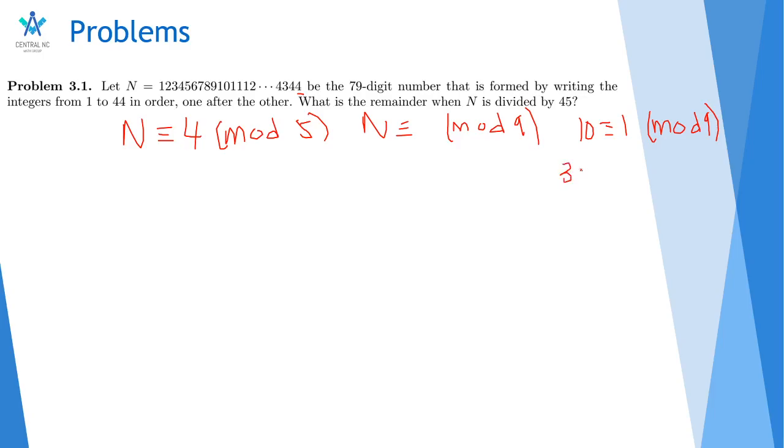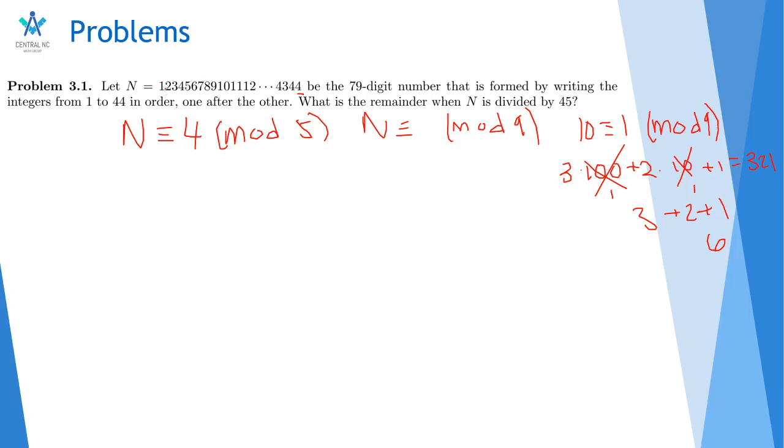So like 3 times 100 plus 2 times 10 plus 1, which is 321. And you can knock out these multiples of 10 and replace them with 1 since they're congruent to 1 modulo 9. And so that gives you 3 plus 2 plus 1 modulo 9, which gives you 6 modulo 9. It's a very cool fact.